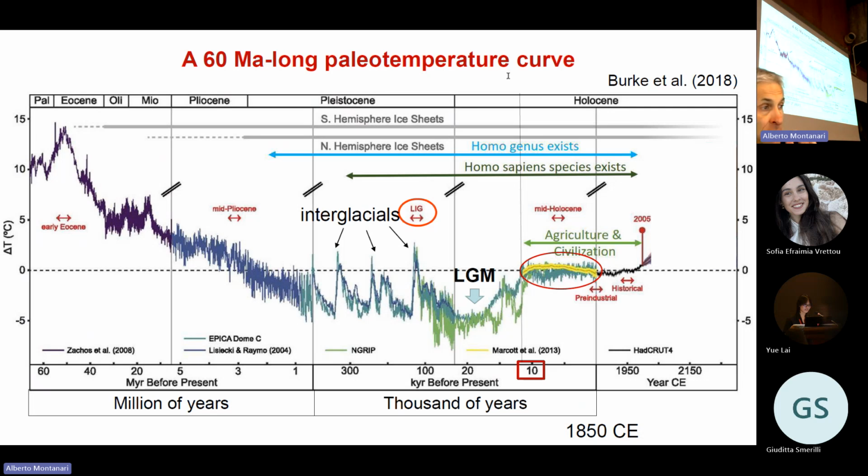And you see also identified with the acronym LGM, the last glacial maximum, which is, let's call it in this way, the top of the last glaciation, so the lowest temperature of the last glaciation.